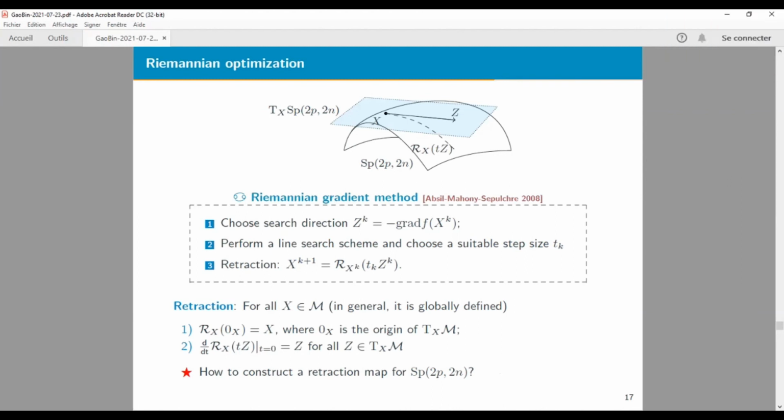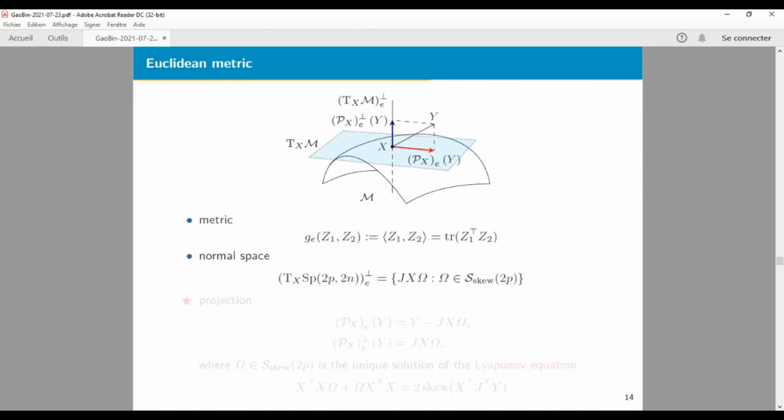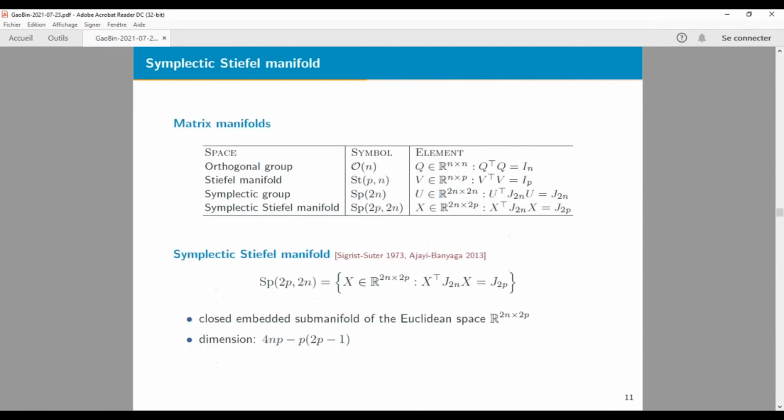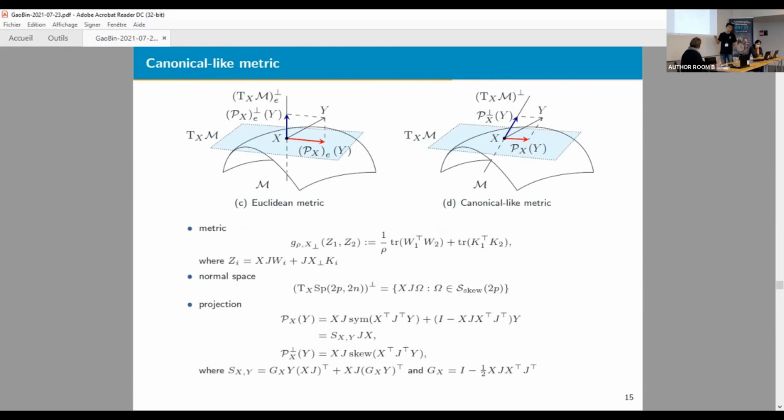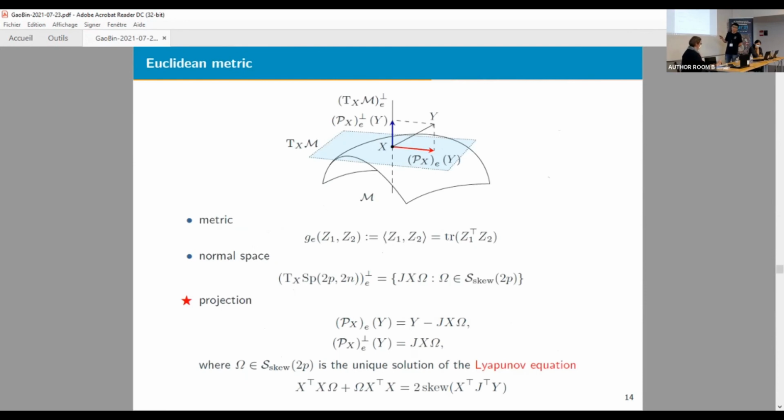You said that you have two metrics to choose from. Do you have any motivation for this, like, what's the difference between them? Yes. Here you can see we have different metrics. In the natural Euclidean metric, we know that the projection onto the tangent space and the normal space does not admit a closed form solution. That means if you want to compute the projection, you need to solve a Lyapunov equation.